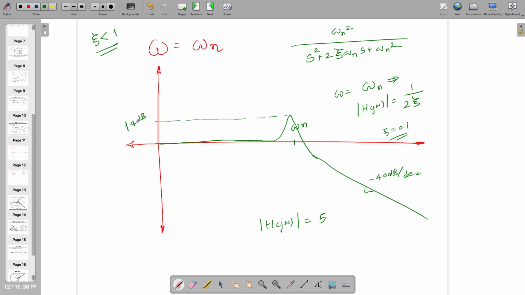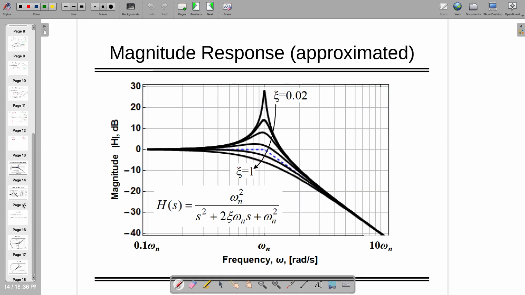Similarly, you can look at other plots which I copied from the document which I am following, and I gave it to you. As you are increasing zeta, this shoot up is going on, right? And as I told you, this is nothing but this circuit.